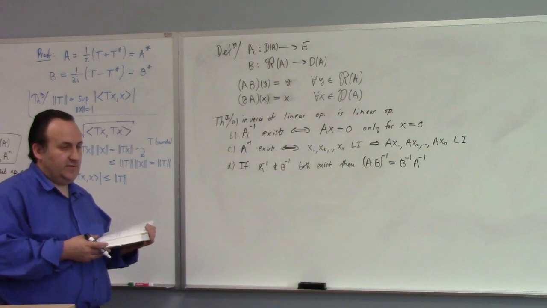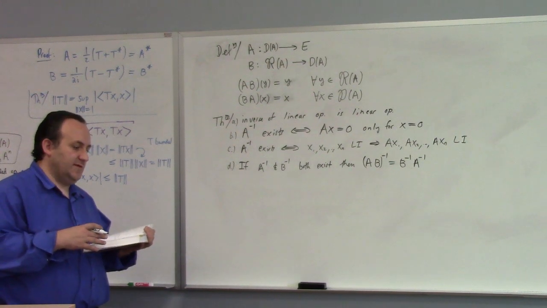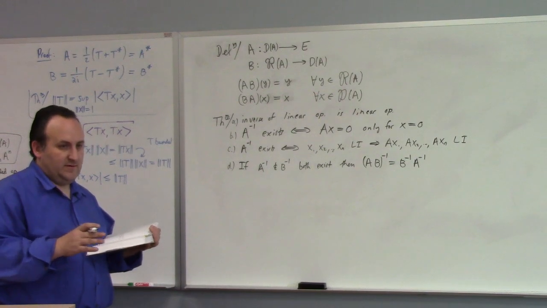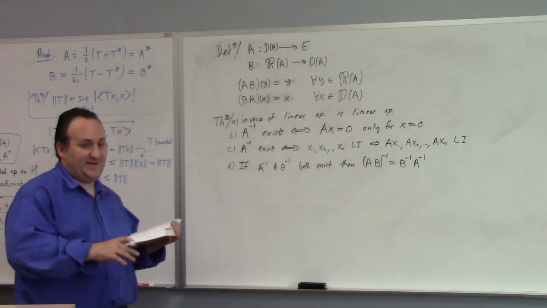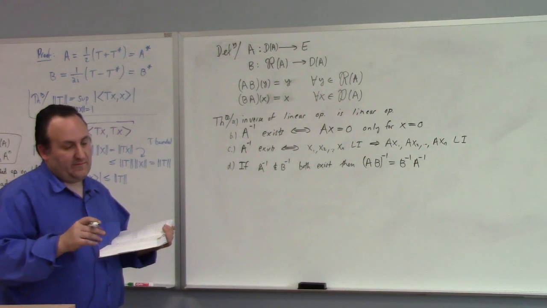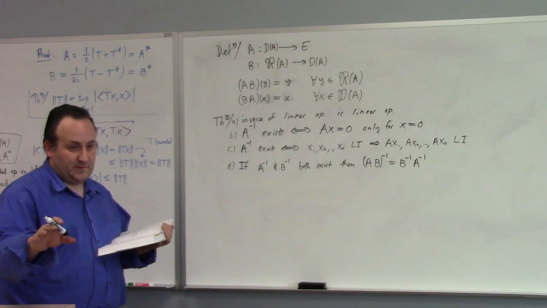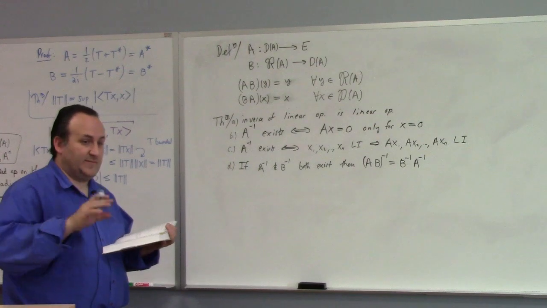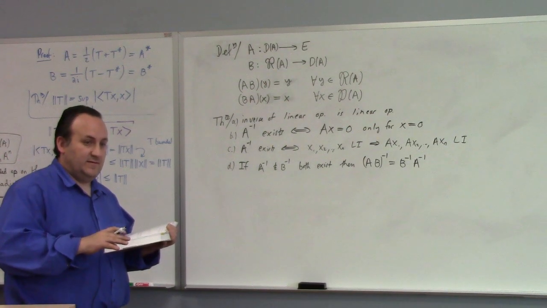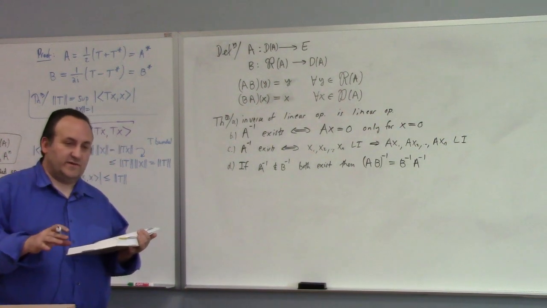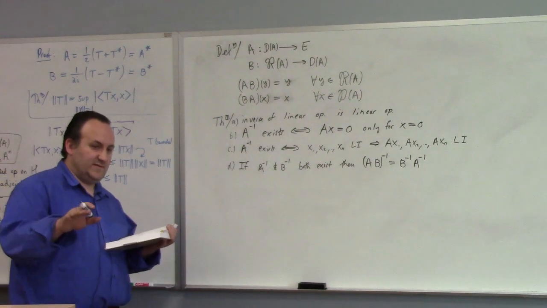But for functions, if you have a function from a finite set to a finite set, if that function's one-to-one, it's automatically onto. If the function's onto, it's automatically one-to-one. So this is not generally true for functions on infinite spaces.